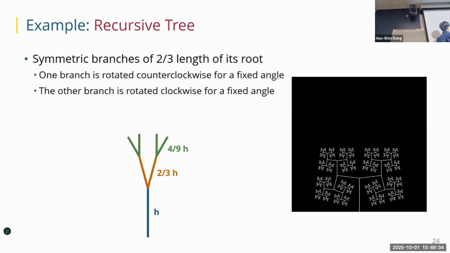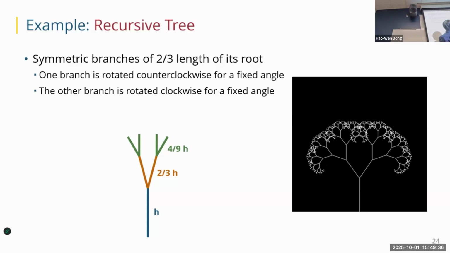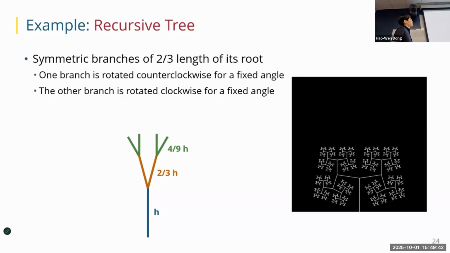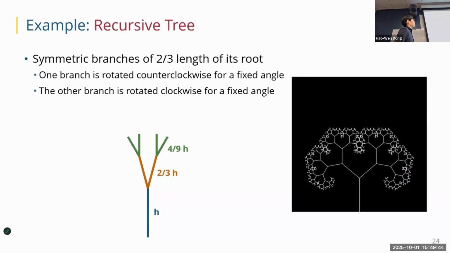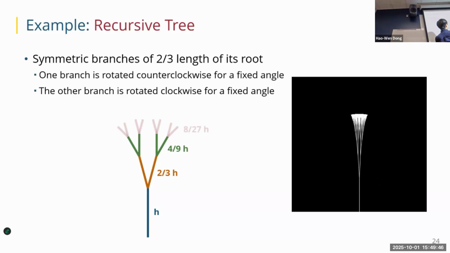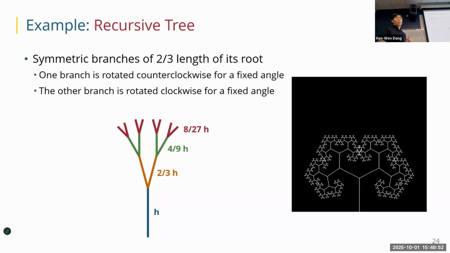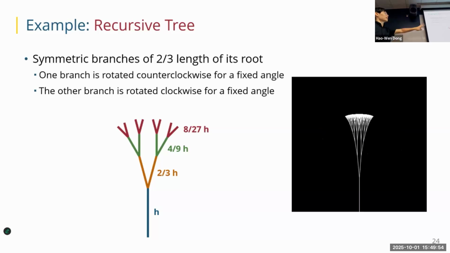Then at this point you do the same thing: two branches at slightly different angles, again 2/3 of this size, and you go through each of these with symmetric branches. You keep doing it so that you get the thing on the right.